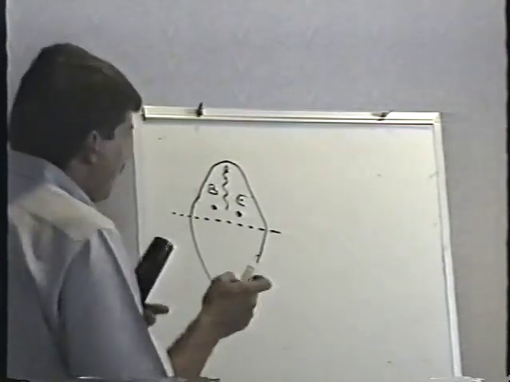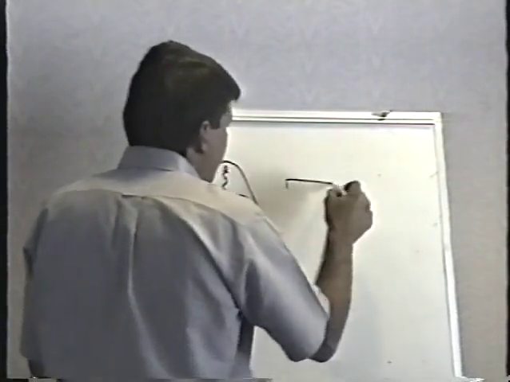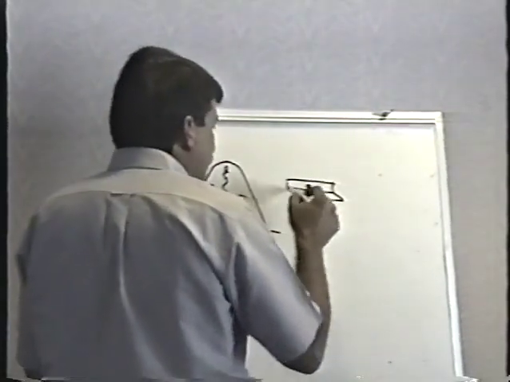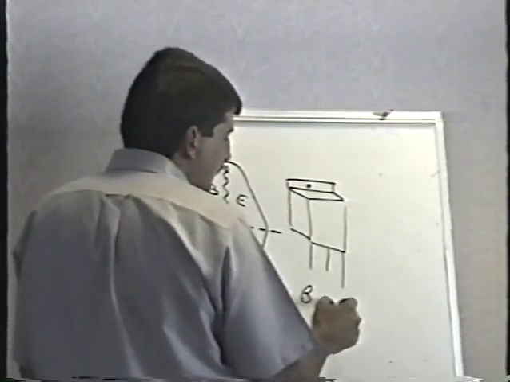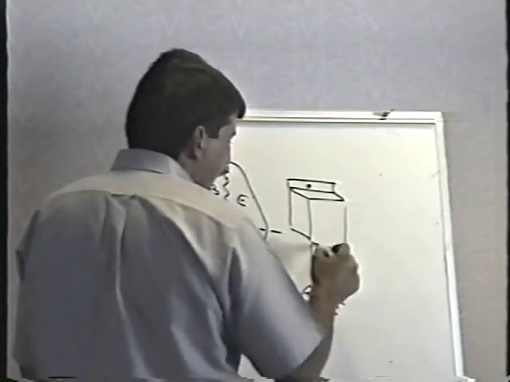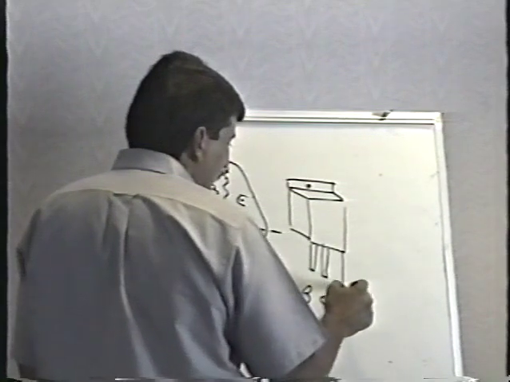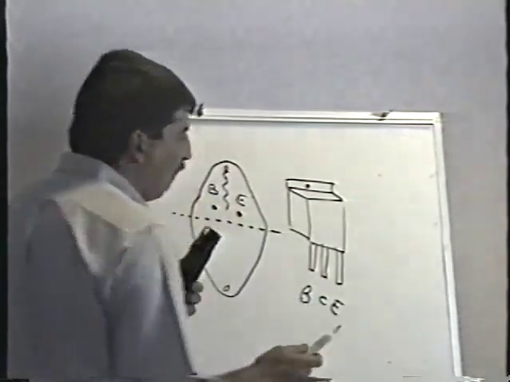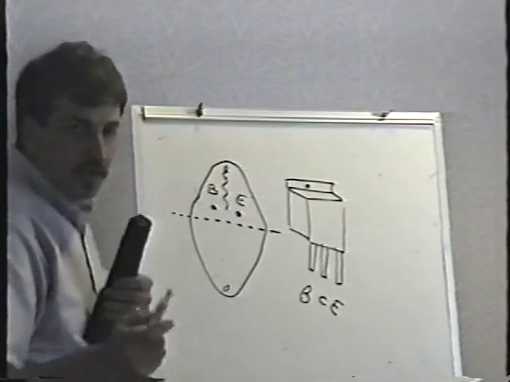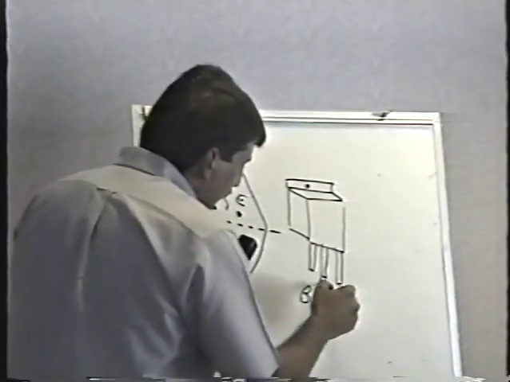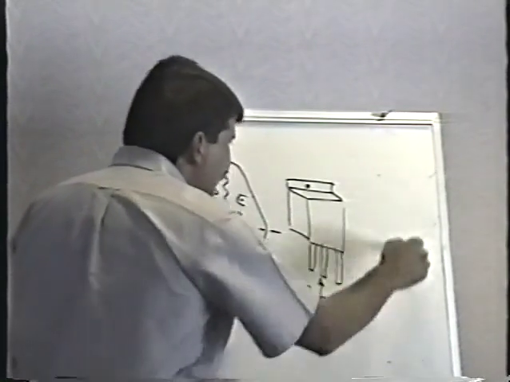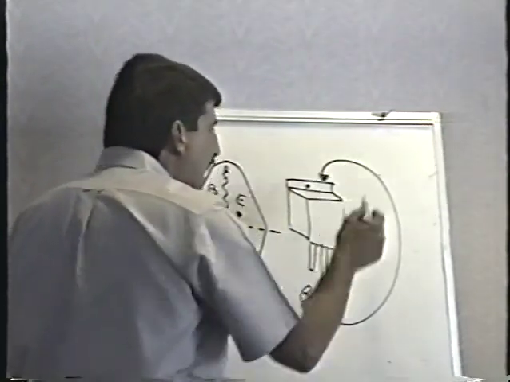The TO220 package is extremely easy, alphabetical order. Base, collector, emitter from left to right. B, C, E. Also, very important, in the TO220 package, the center leg is connected to the metal tab on the top.